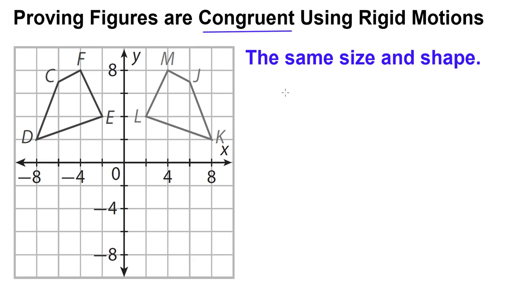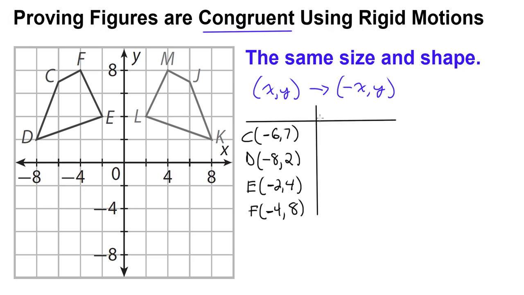So remember that when we reflect a figure across the y-axis, what happens to the ordered pairs of each point is that x comma y becomes the opposite of x comma y. So in the quadrilateral CDEF, point C is at -6 comma 7. That would put point C prime at the opposite of -6, right, is 6 comma 7.